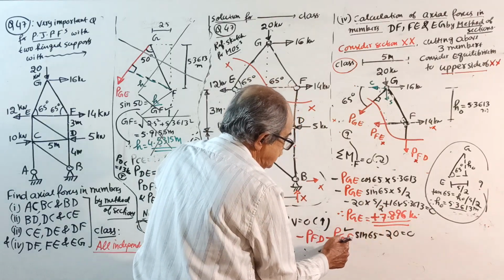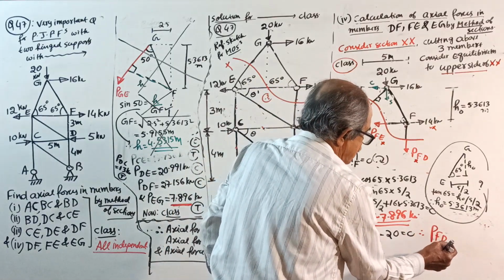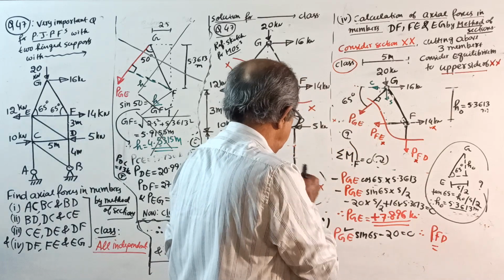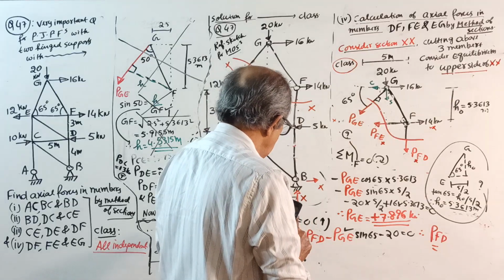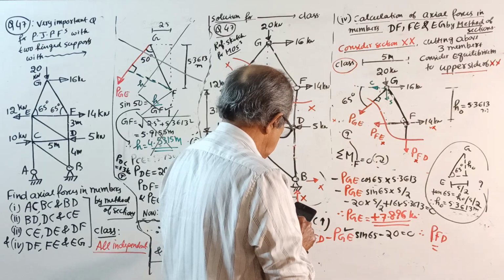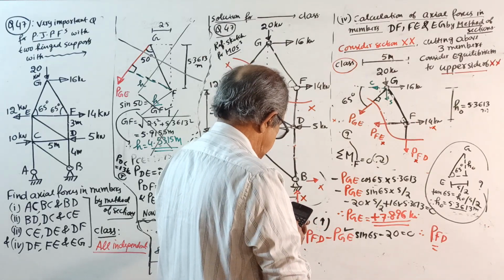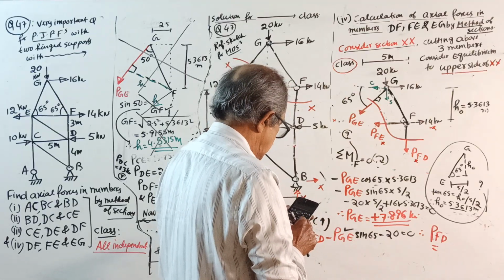Substitute whatever PGE you got, therefore you will get PFD. PGE into sin 65, that is 7 point something, minus into minus 1, minus 20, this minus goes to that side as plus.